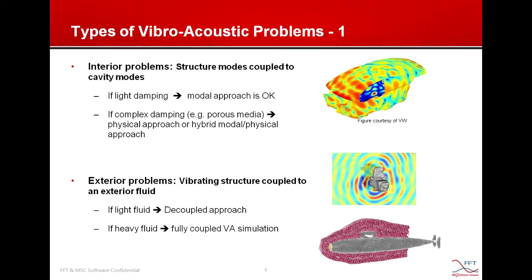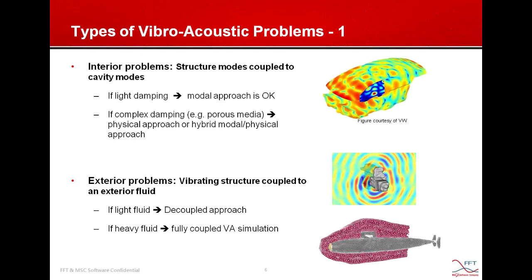Then exterior problems. It solves sound radiation generated by structure vibration. If the fluid is a light one, for example air, then we can use the decoupled way, as we have already seen last time. But when the fluid is a heavy fluid like water, it will apply on the structure an added mass effect related to its mass.